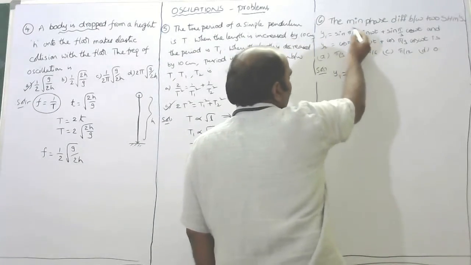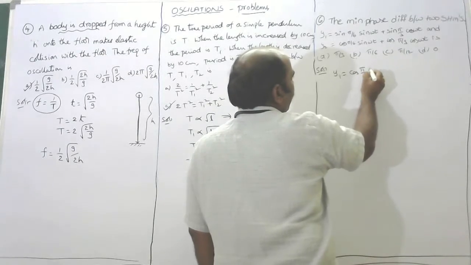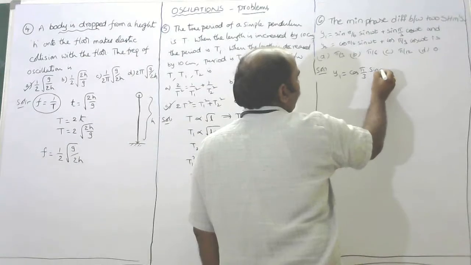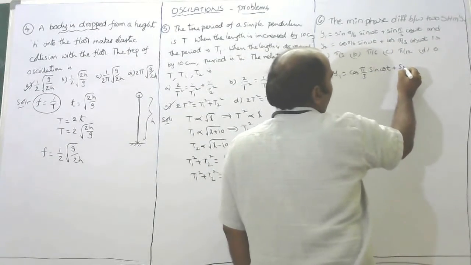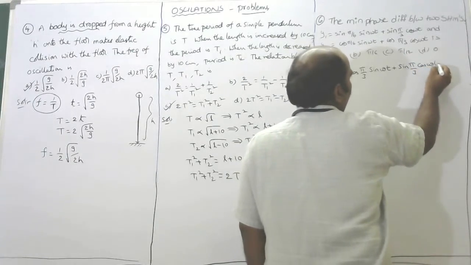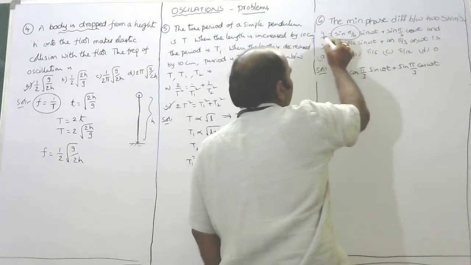That's why sin pi by 6 is cos pi by 3 into sin omega t, same plus sin pi by 3 into cos omega t. So we change the sin pi by 6 value only in the y1.